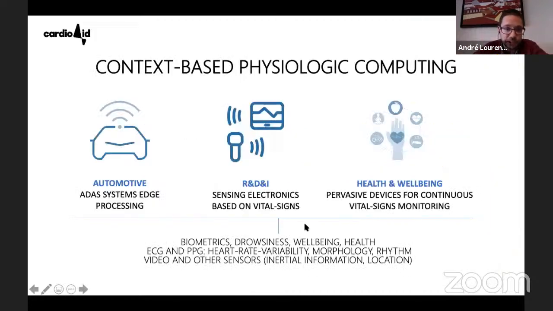And we structured this in 3 areas. First, automotive and the development of edge systems with a lot of edge processing. Second, R&D, where we are doing integration of our technology with several players. And then health and well-being, where we are integrating this ECG and PPG processing with health products.